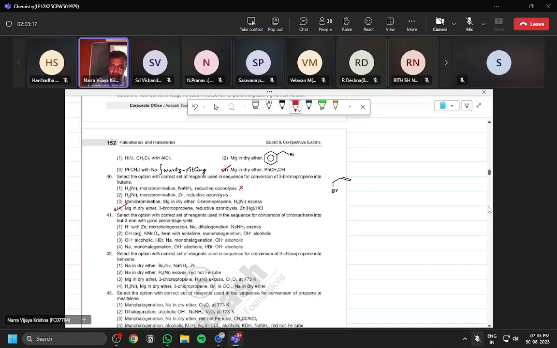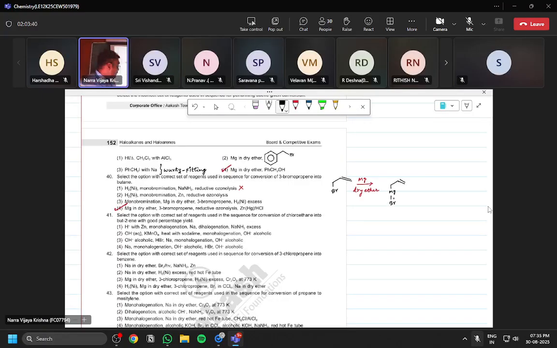Let me check. You are adding magnesium in presence of dry ether. What will you get? Coupling, na? Sorry, Grignard reagent you will get. So with the Grignard reagent I will get the double bond, and here I will get MgBr.